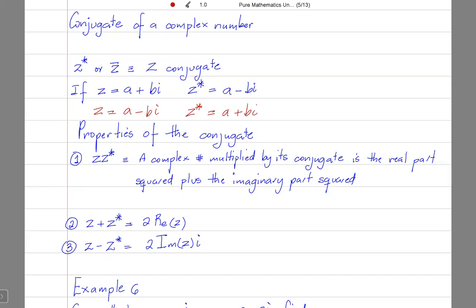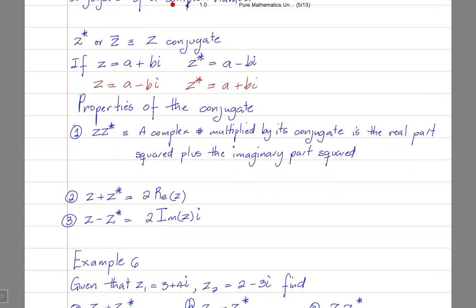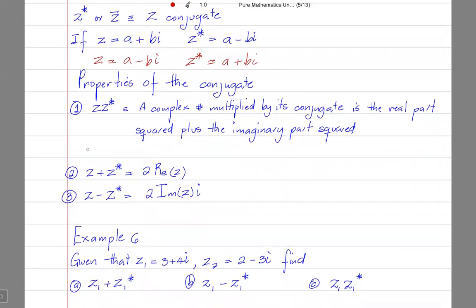All right, so properties of the conjugate. The product of a complex number and its conjugate is the real part squared plus the imaginary part squared. All that this is simply saying is that if Z is the complex number, let us say a plus bi, Z times Z conjugate would be equal to a squared plus b squared.